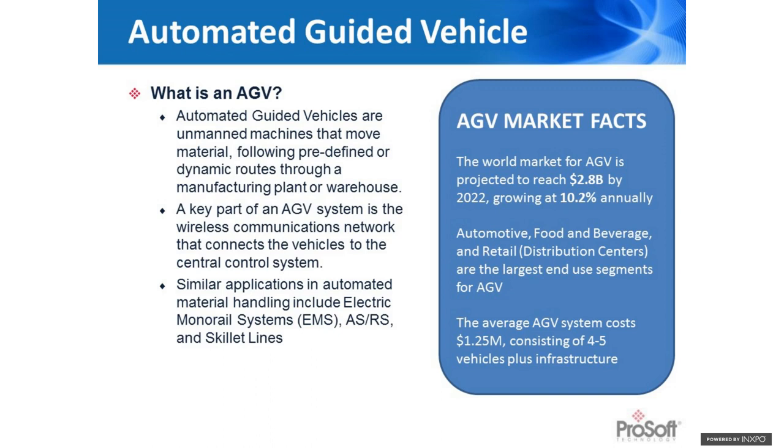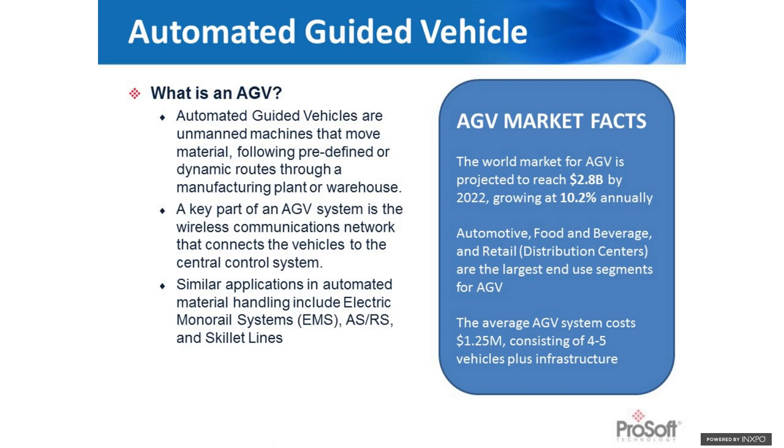The worldwide market for AGVs is growing at over 10% annually. When we look at other types of industrial machinery, that growth rate is nearly double the next fastest growing type of machinery.